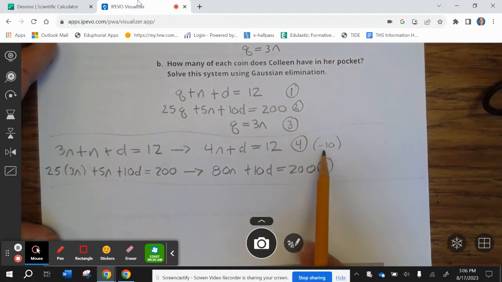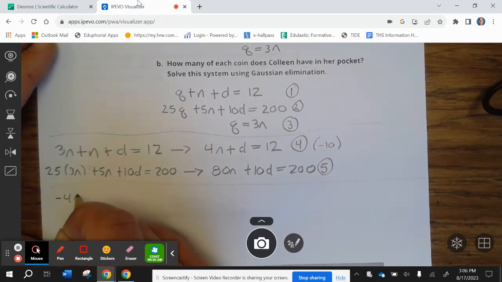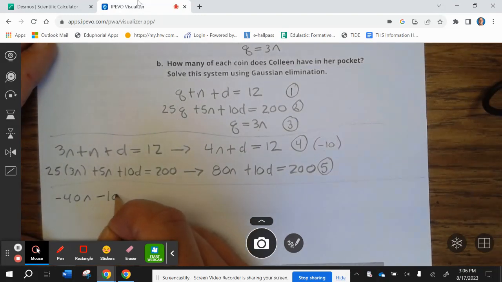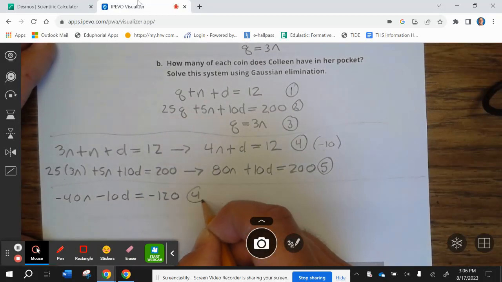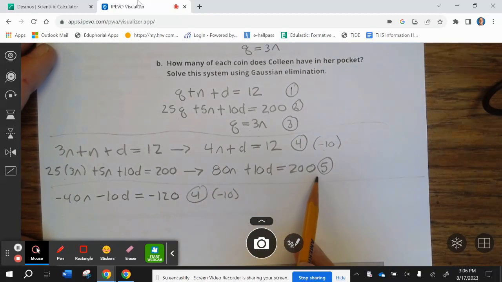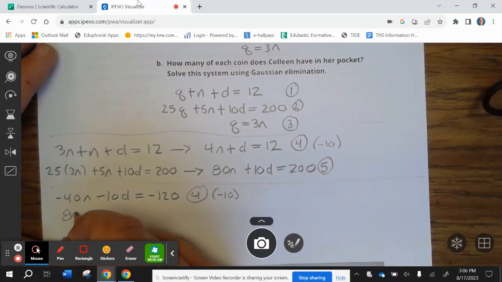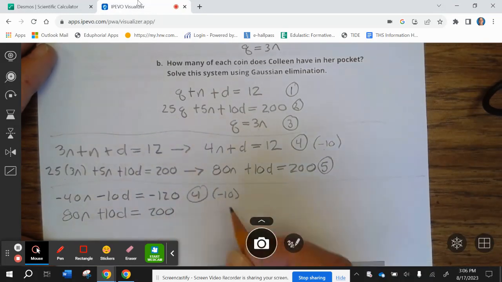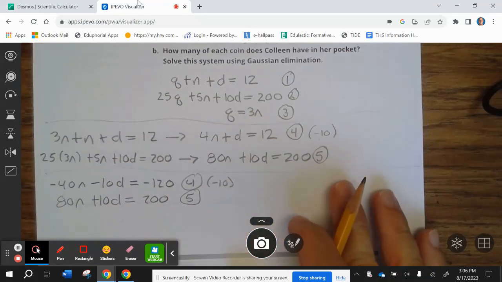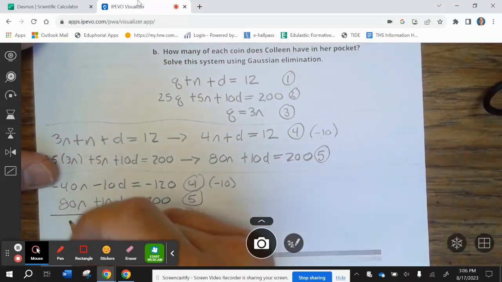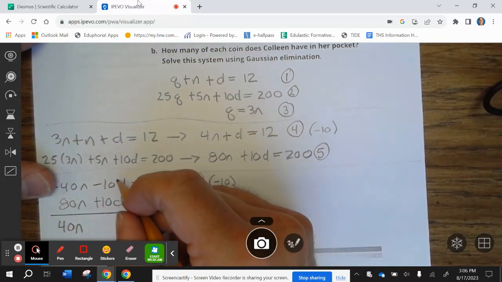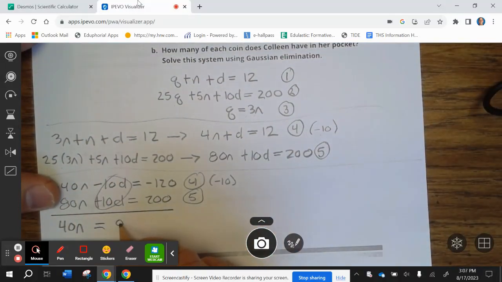So now we have negative 40N minus 10D equals negative 120, and that's equation 4 multiplied by negative 10. Now we're just going to use equation 5: 80N plus 10D equals 200. That's equation 5. Okay, combine, that's 40N. This becomes 0 equals 80. So N equals 2.